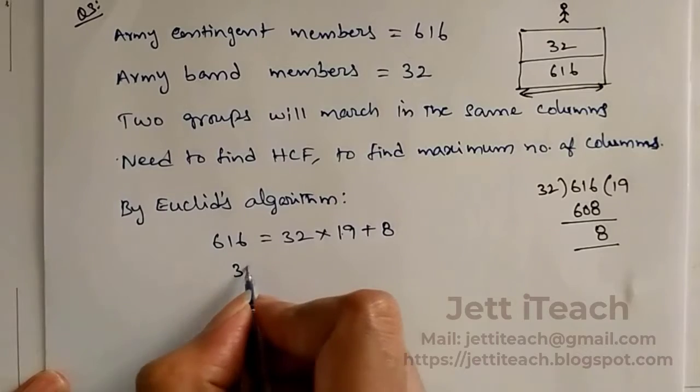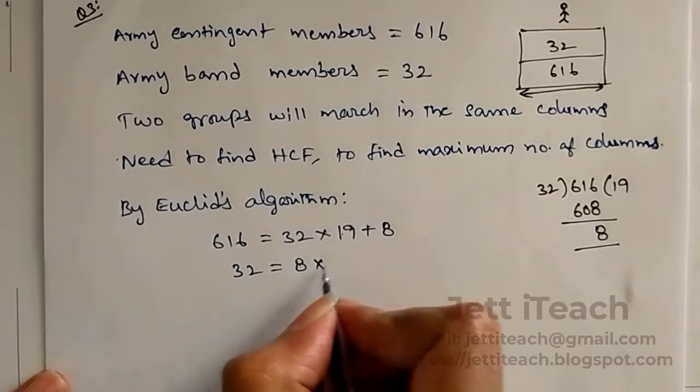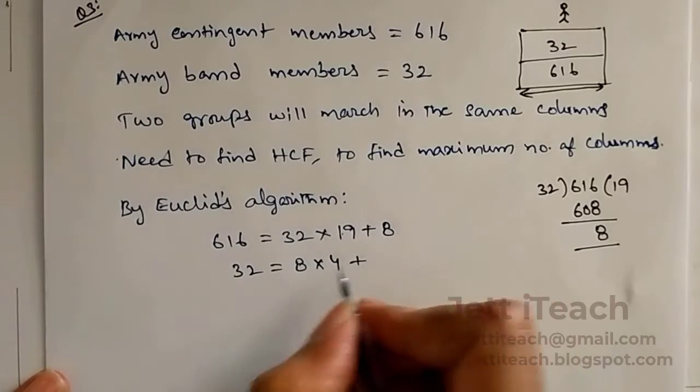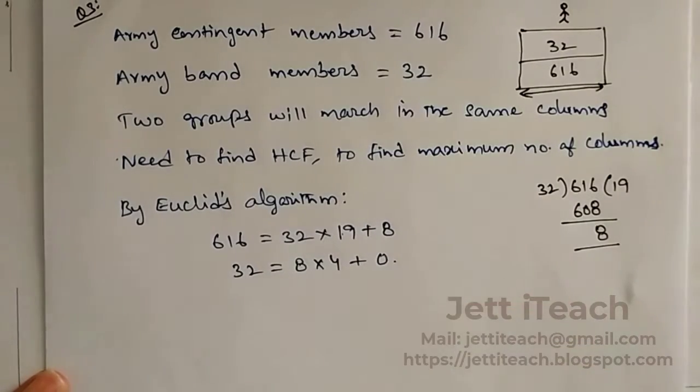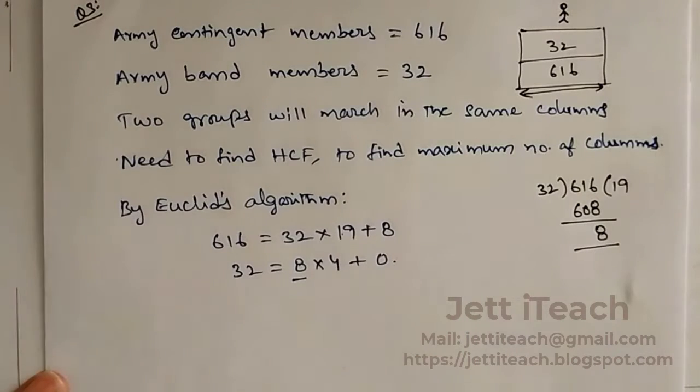Again you need to do this with 8: 4 eights are 32, remainder is 0. So HCF is 8.